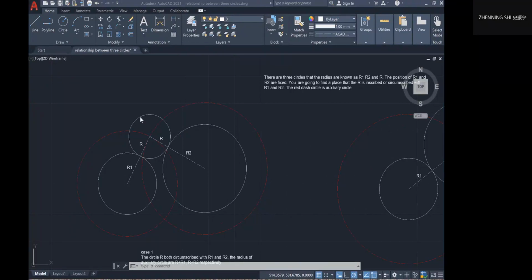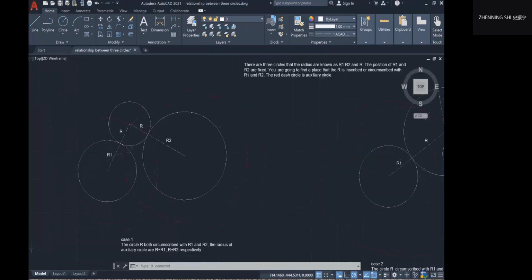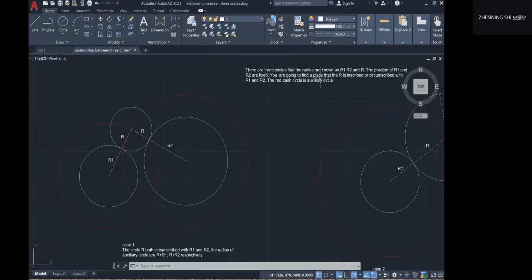I think at first, you can see there are three circles whose radii are known as R1, R2, and R, and the positions of R1 and R2 are fixed. You can't move them.